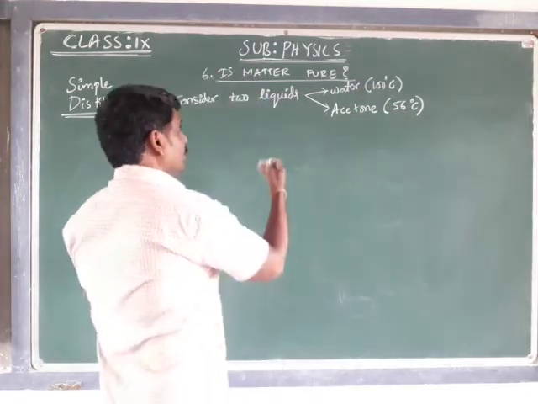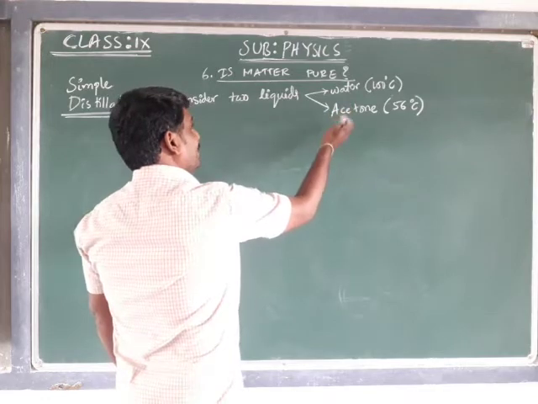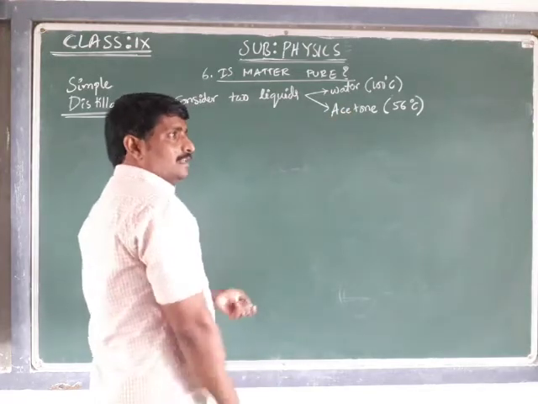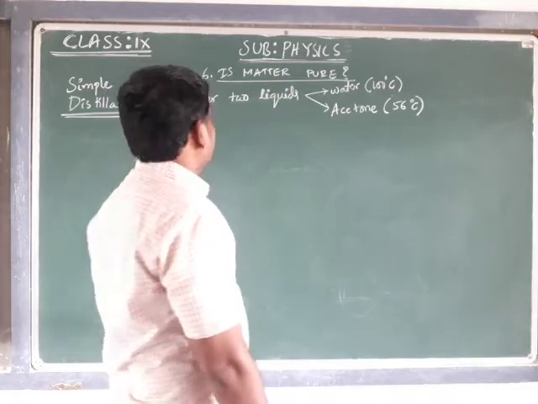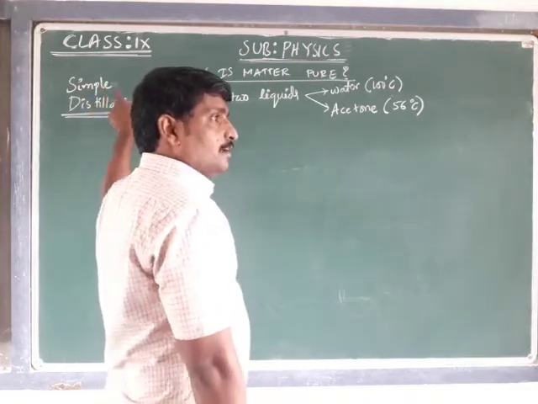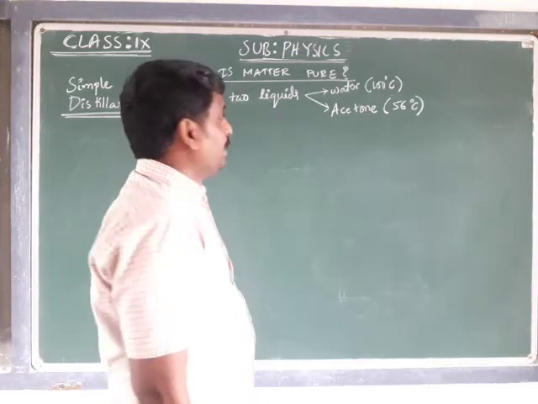Now let's check whether the difference between these two boiling points is greater than 25 degrees Celsius or less than 25 degrees Celsius, so that we can see whether the simple distillation process is applicable or not.